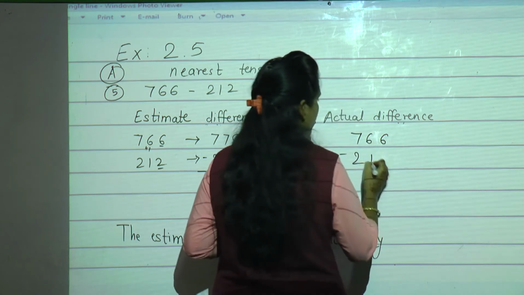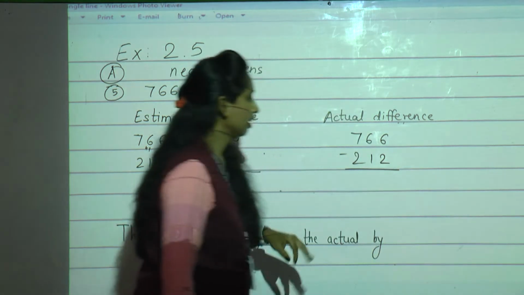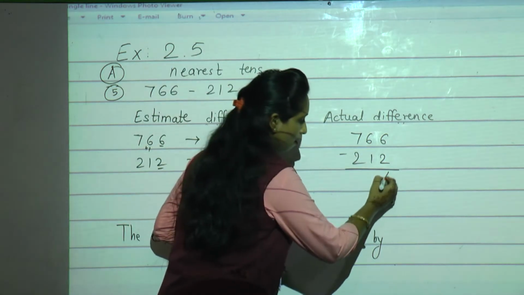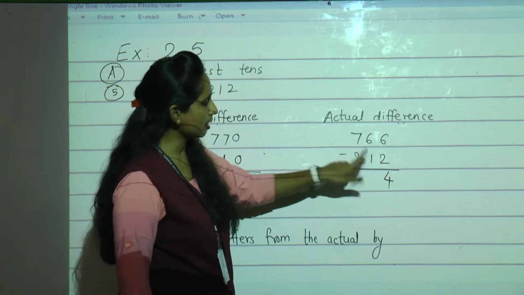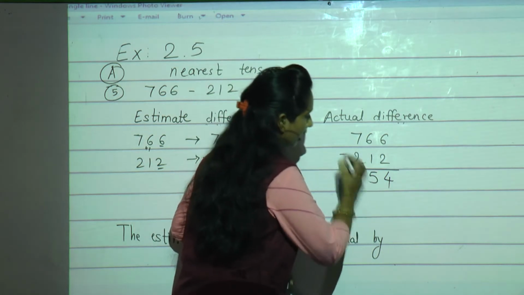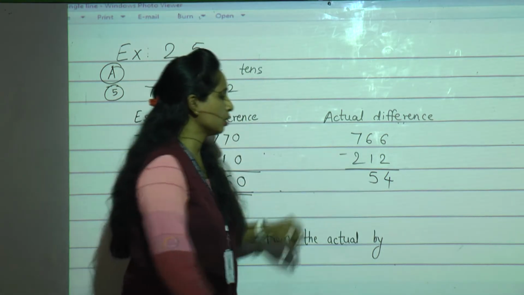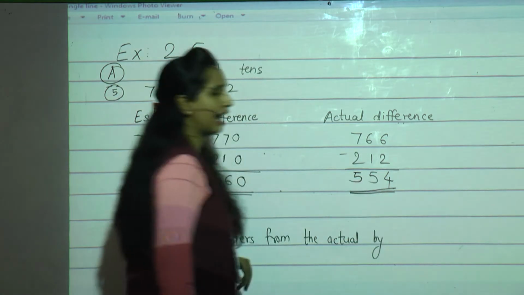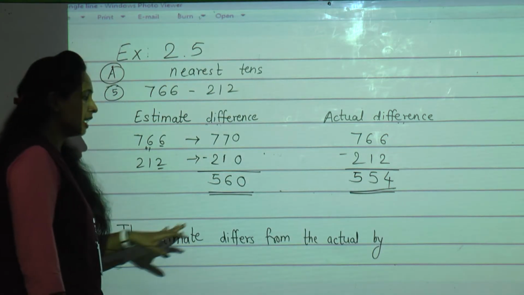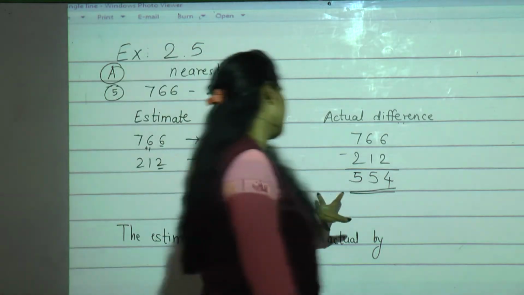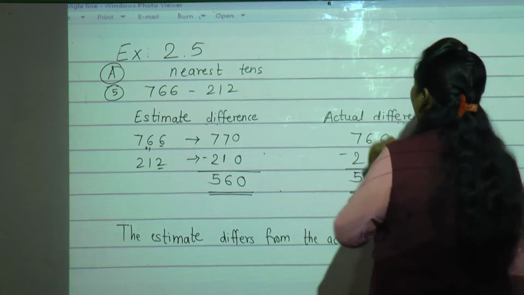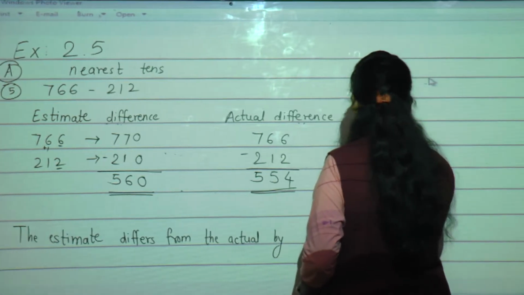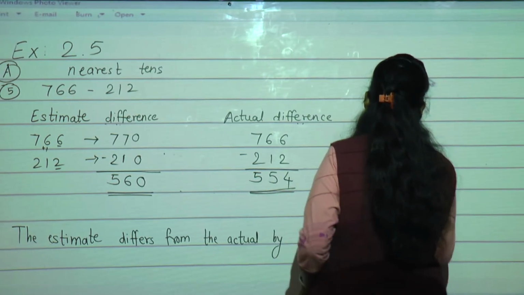766 minus 212. Now see, tell me the subtraction. 6 minus 2 is 4. 6 minus 1 is 5 and 7 minus 2 is again 5. So this is the actual difference. Now we will see how much difference is there in estimate difference and actual difference. So 560 minus 554.